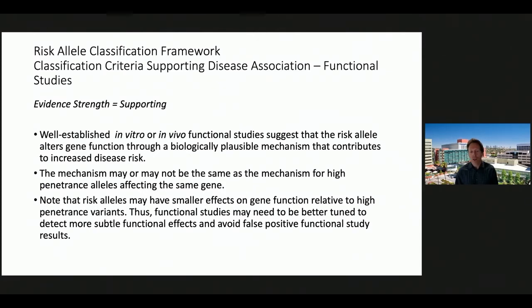Your functional study really needs to be tuned to detect these more subtle effects. And you don't want to have a false positive functional study where you have just a very small change that could be occurring by chance, and then you declare that there's a functional effect there. You want them to be well validated functional studies. And you want to know what the output would be for a benign variant or a variant that's not a risk allele on that same assay. So next slide.